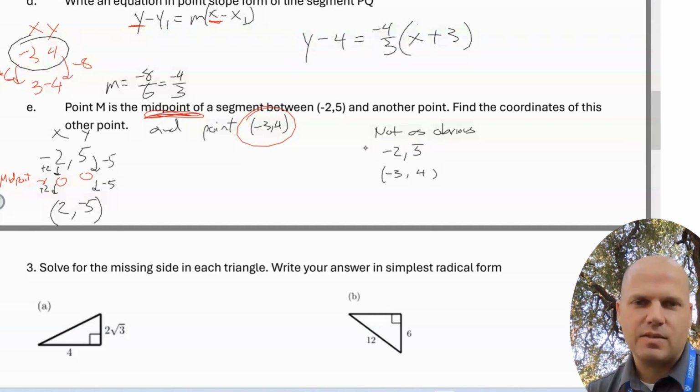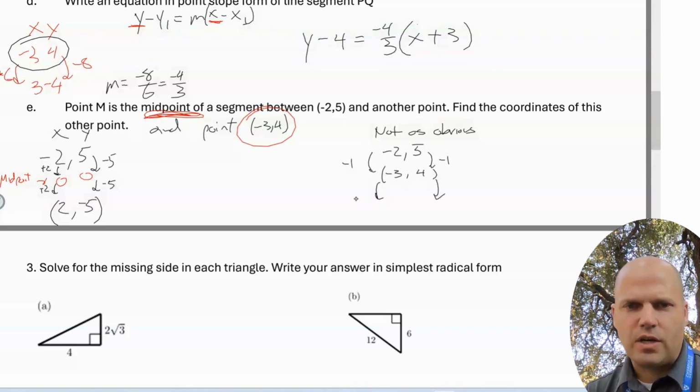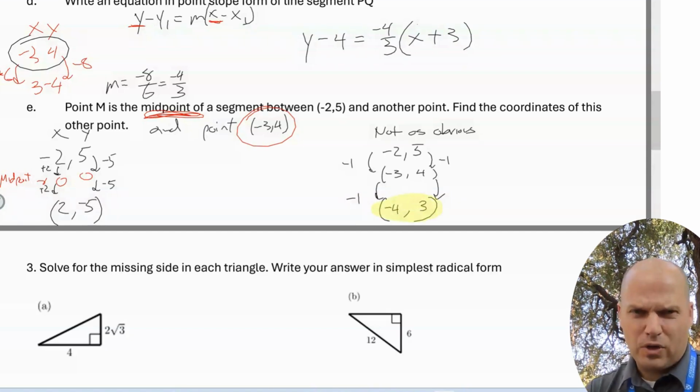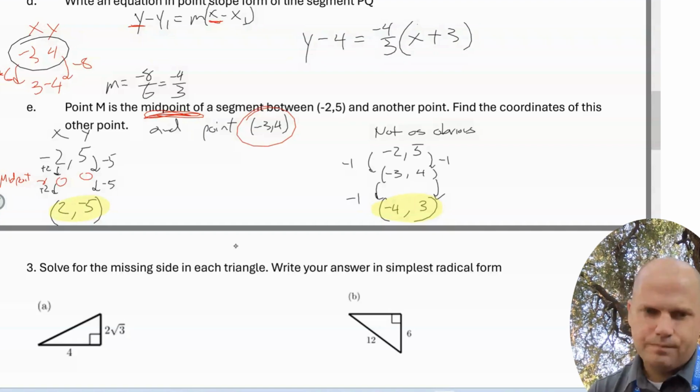So this is not as obvious. This is not as nice. But you'll at least get another example. -2 goes to -3, goes to -4. 5 goes to 4, goes to 3. So this would be the other point that we are looking for if -2, 5 and -3, 4 was the midpoint. Cool.